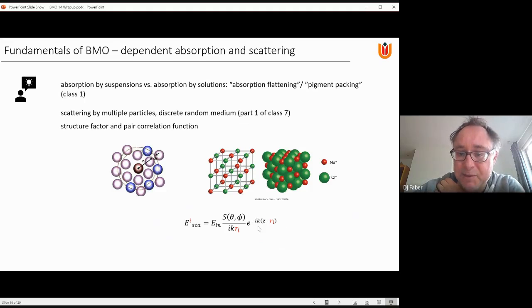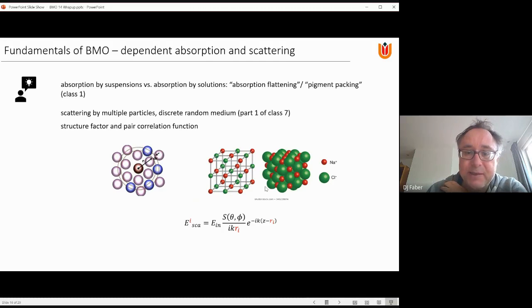That tells you that if you have different particles at different positions, then these phases will be different and they will cause some interference effect. If the particles are truly randomly located, then usually it cancels out. But if there is a certain ordering, a certain structure in the sample, the most extreme case would be a crystal, where the scatterers are all at equal distances, then these interference effects will occur.